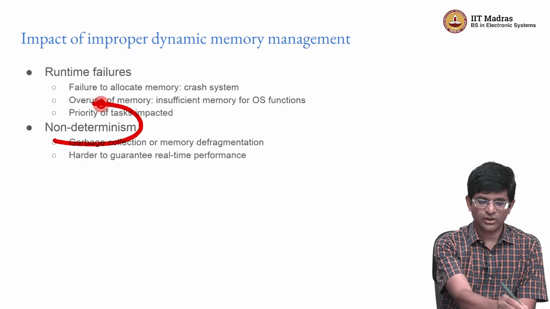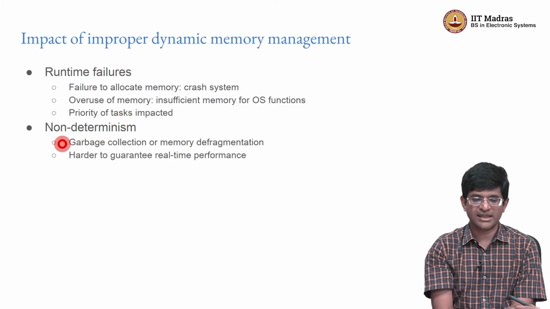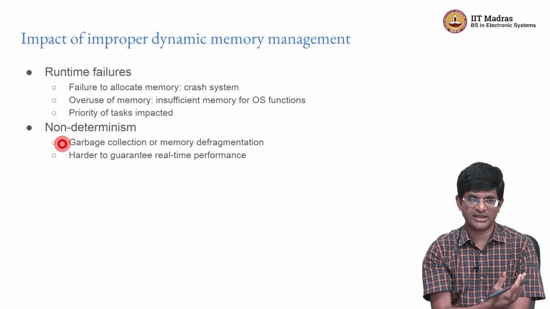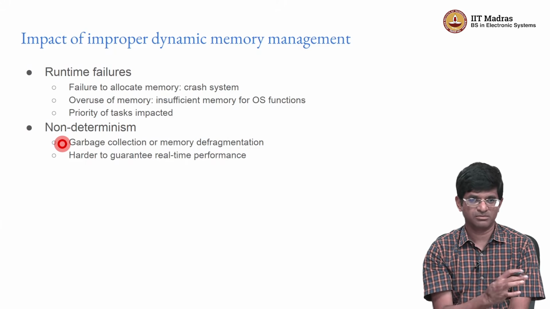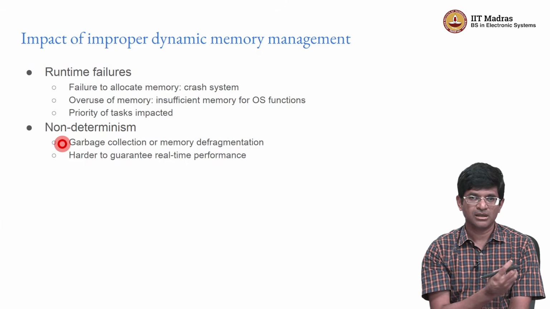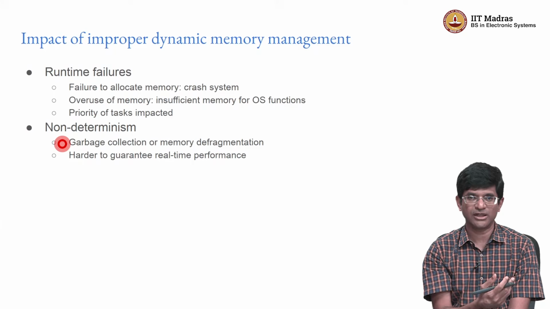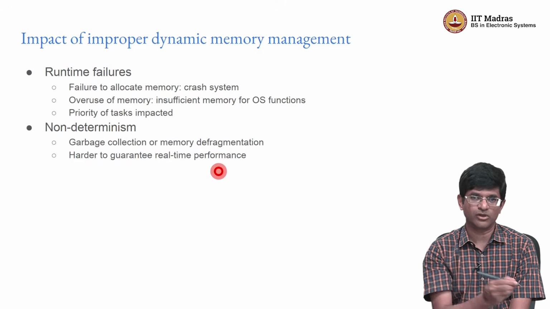And you also run into this problem of non-determinism, which is that because you need to defragment the memory or do some garbage collection or some other kind of memory management at runtime, a particular operation that you thought should finish within, let's say, a few microseconds might end up taking hundreds of microseconds because the operating system or the runtime had to do something else before actually answering the function that you called. Okay. So this can lead to non-determinism, which can have an impact on real-time performance guarantees.